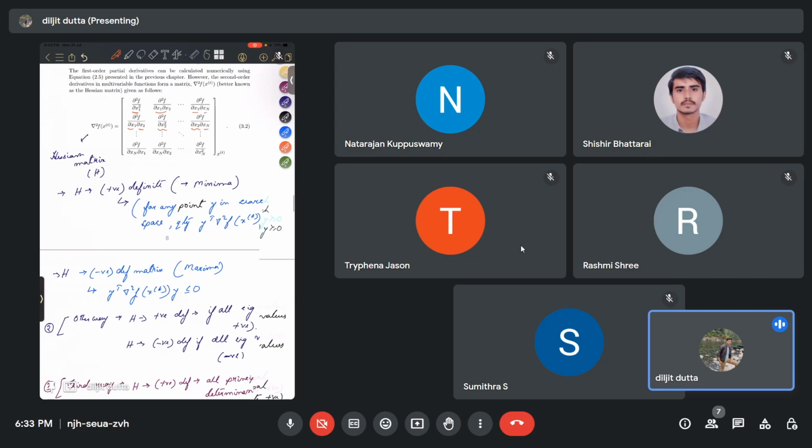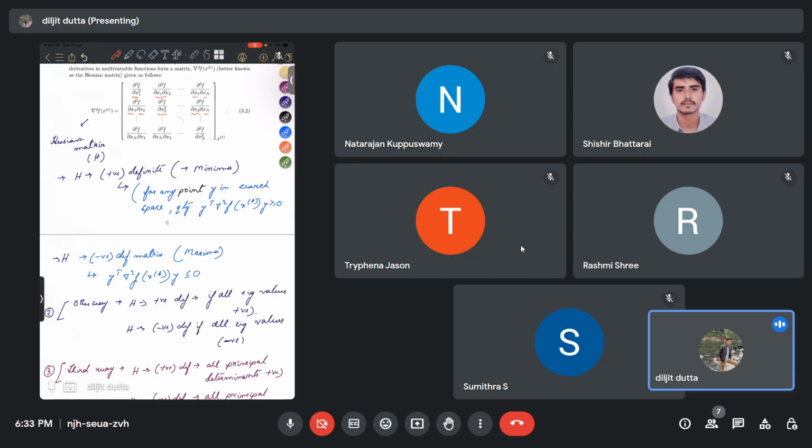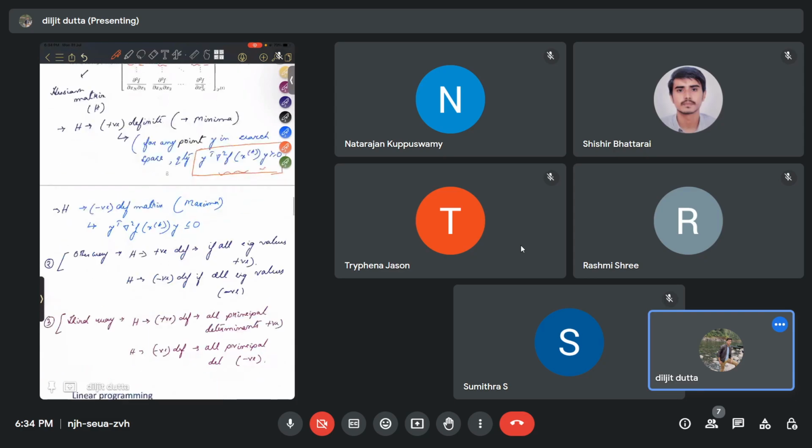One standard way is to take any point in the domain where f of x is defined, and multiply y transpose into del square f of x, where del square f is the Hessian matrix, and into y. If this is greater than 0, it is called a positive definite matrix, and if this is less than 0, then it is a negative definite matrix.